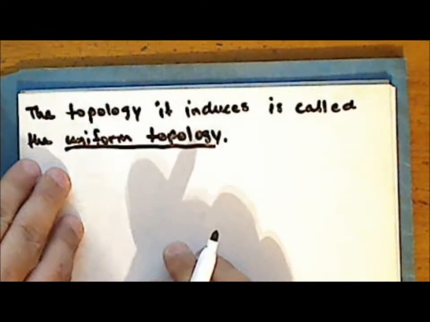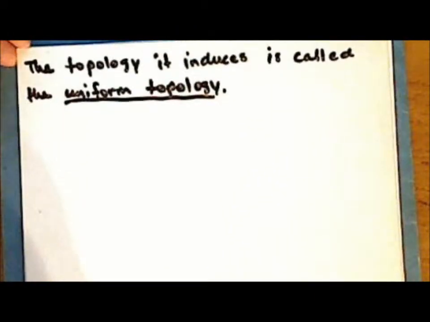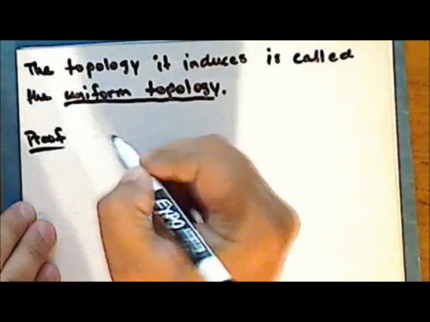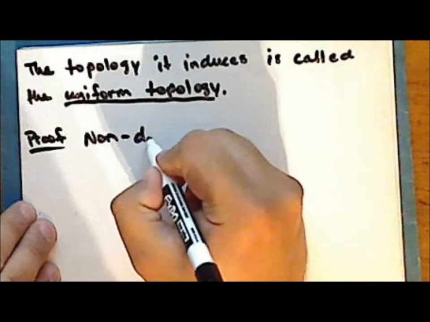All right, so we need to demonstrate that the uniform metric is in fact a metric. And once again, non-degeneracy and symmetry are trivial.